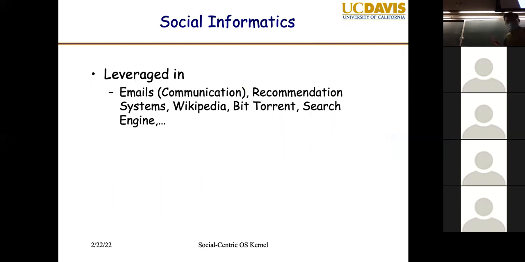So at that time, we were looking at applications such as email, recommendation systems, Wikipedia, BitTorrent, or search engines. We applied the concept of adding a social network resource to pretty much each of these, and we have at least one paper published in each of those areas.